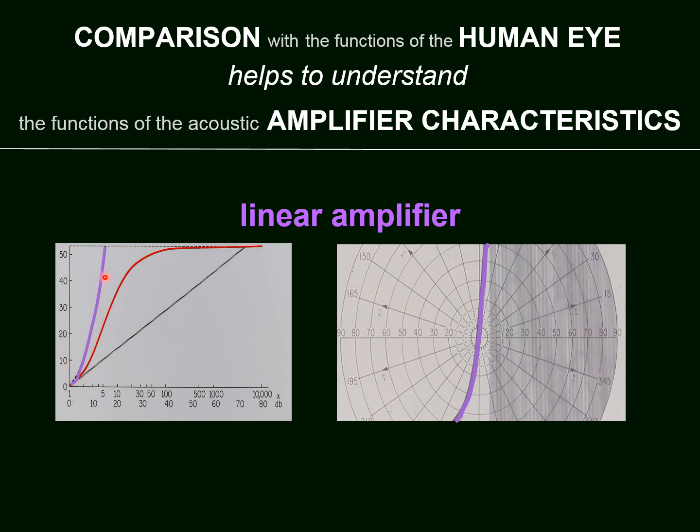Here we have the linear amplifier. When we project it on this visual field, we can see that it has an excellent acoustic acuity going right here to the macula, but the field is insufficient. It's like an acoustic hemianopsia.